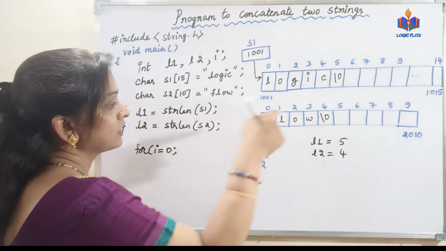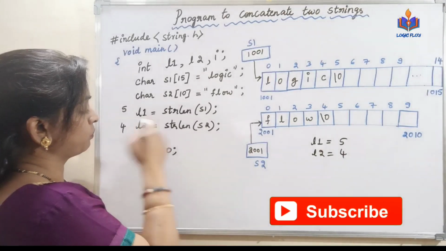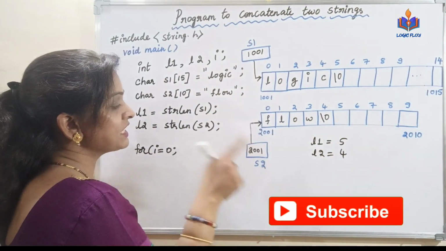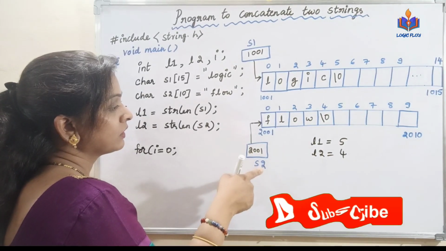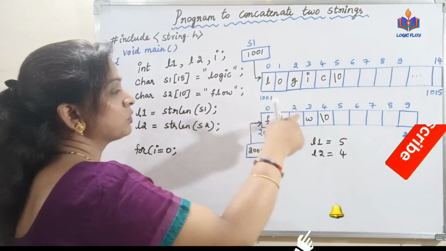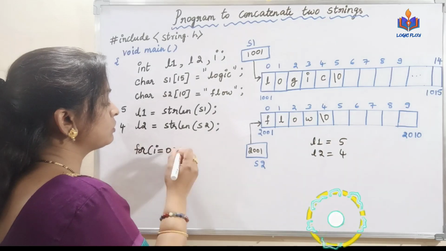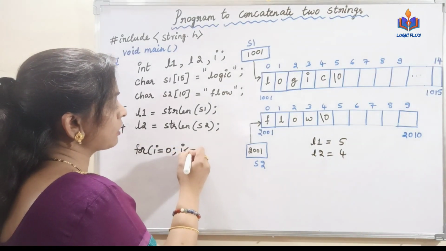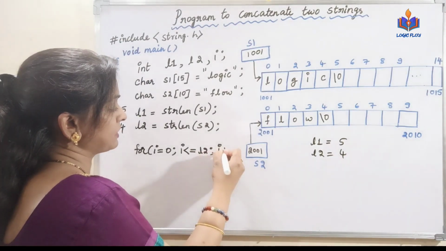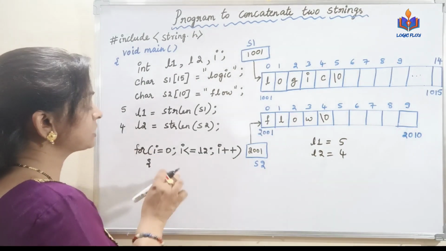Where do I find the length of string 2? I will get that in L2, which is 4. So 0, 1, 2, 3, 4. I have to go up to the null character, so I equal to 0, I less than or equal to L2, then I plus plus. This is the loop. Okay, now what should I do in this process?